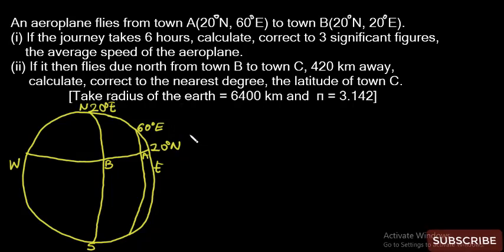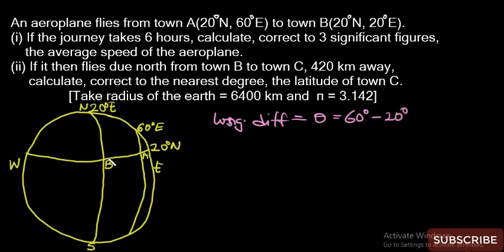The first question says that we should calculate the average speed of the plane when it flew from A to B, and it took 6 hours. The first movement happened along the parallel of this latitude. The longitudinal difference, let's say theta, is equal to 60 minus 20 degrees.